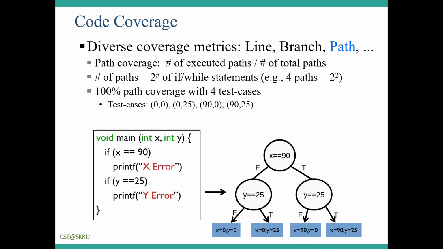And the fourth test case covers the path where both conditions are true. As you may have noticed, a single test case can often cover multiple lines or multiple branches at once. However, when it comes to path coverage, each test case typically covers only one unique path through the program.